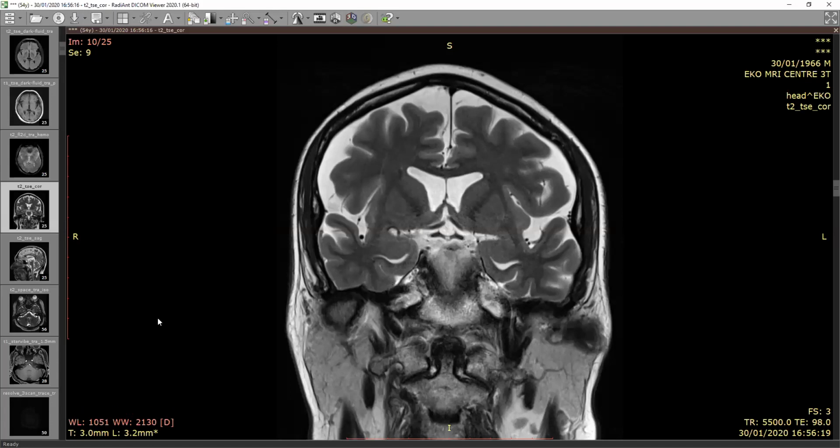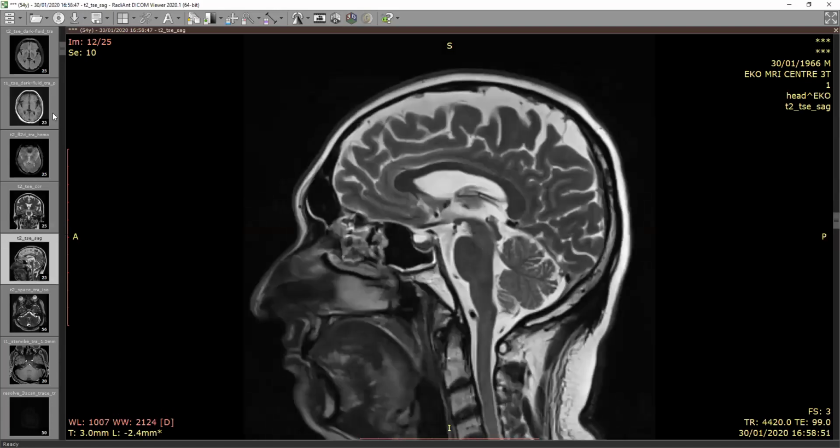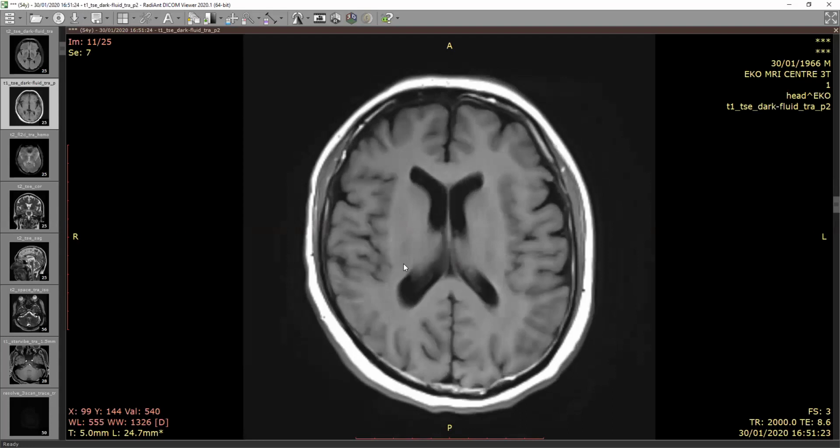But if we look at the flare images, with the ventricles becoming darker, with the fluid signal being attenuated, if you have a hyperintensity of a plaque here, it becomes easier to discern and differentiate that plaque. So that is the importance of having a flare image, a fluid attenuated inversion recovery image.